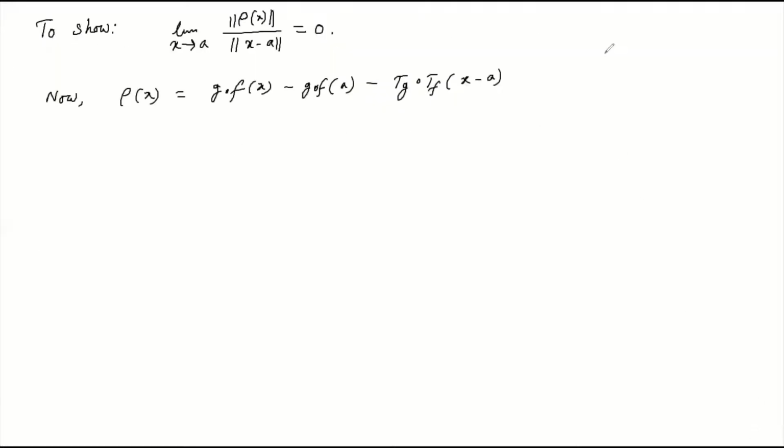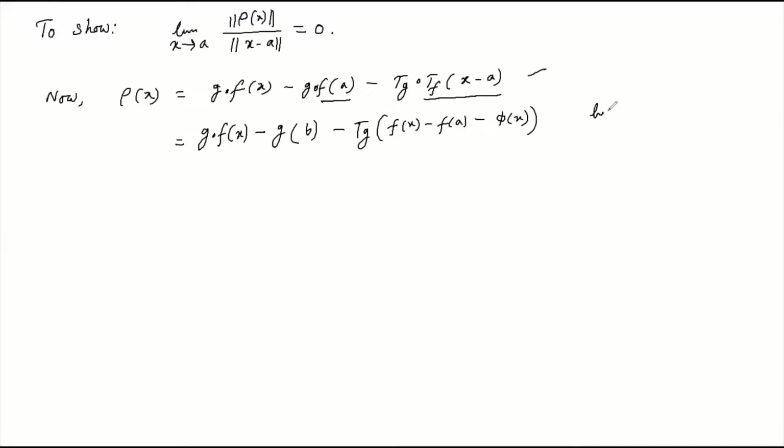So in this equation we replace: this is equal to g composite f acting on x minus, since f of A is equal to B, g of B, and minus T_G of, where we replace T_F acting on x minus A by f of x minus f of A minus phi of x. This is by equation 1.